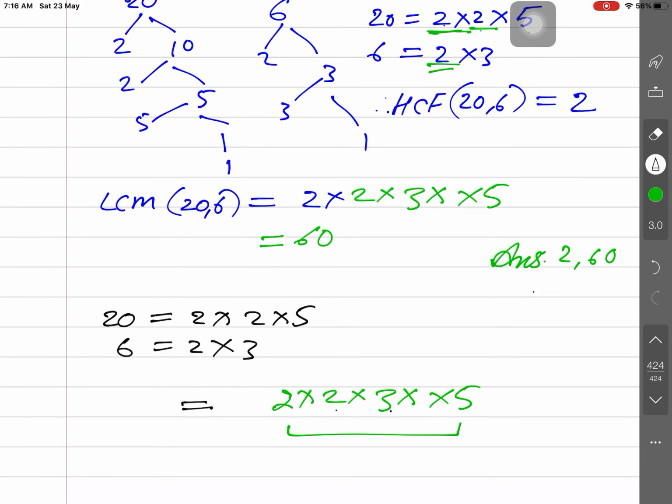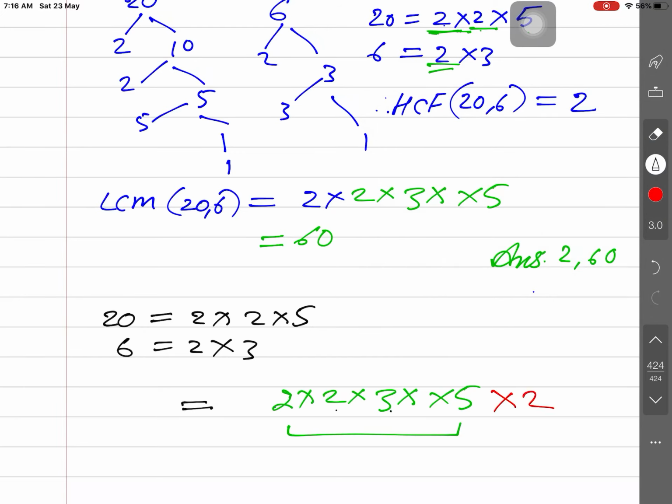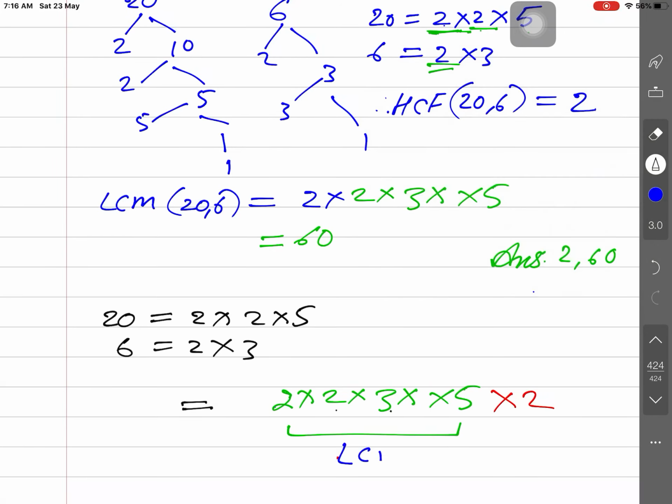So 2 is also written here as HCF. I am writing it: this LCM I took here, and multiply by HCF. You may see this HCF. So these 2 2s are 4, 4 3s are 12, and 12 2s are what next?